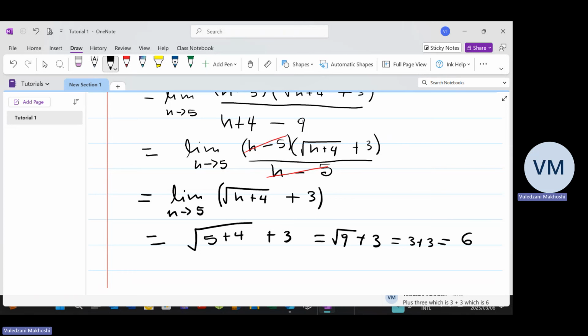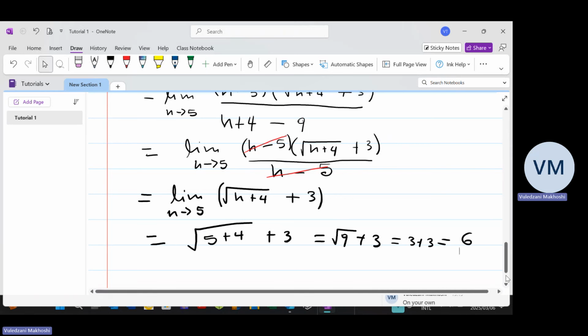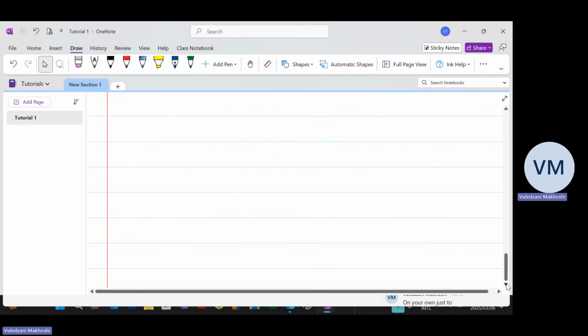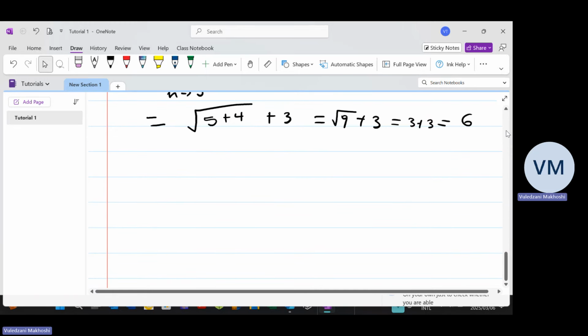There you are. So, yeah, that's how we deal with this kind of problems. So the rest, you can do number 6, number 7 on your own, just to check whether you are able to do what we've just done.